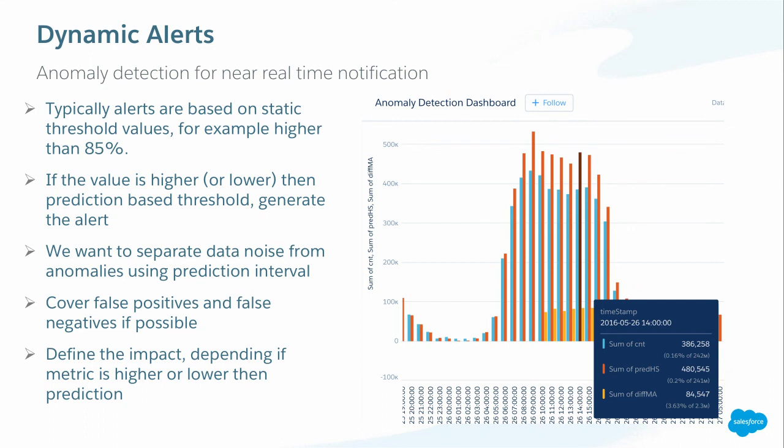When we do this, we want to separate noise from anomalies. It could be just noise in the data, but it could be a real anomaly. In order to determine that correctly, we also try to derive and calculate something called the prediction interval.